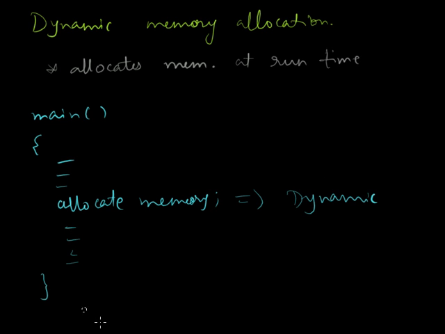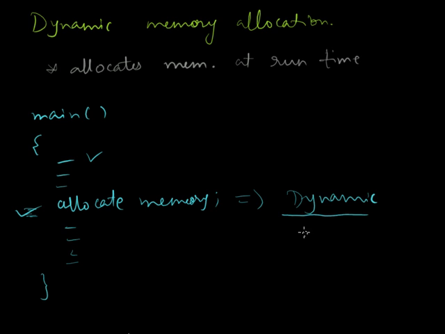Now you are not allowed to declare variables here. You are only allowed to declare variables here. So how would you allocate memory? There are some functions in the standard C library which allow you to allocate memory dynamically.